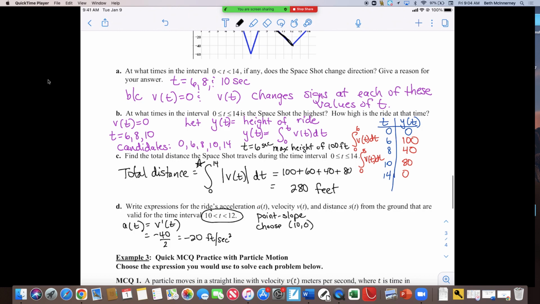And then I've got t comma v of t as my second point. So I'm going to do v of t minus 0 equals, now isn't the slope the acceleration, times t minus 10. So then I can just solve that, and I can either leave it like that or distribute, doesn't matter.